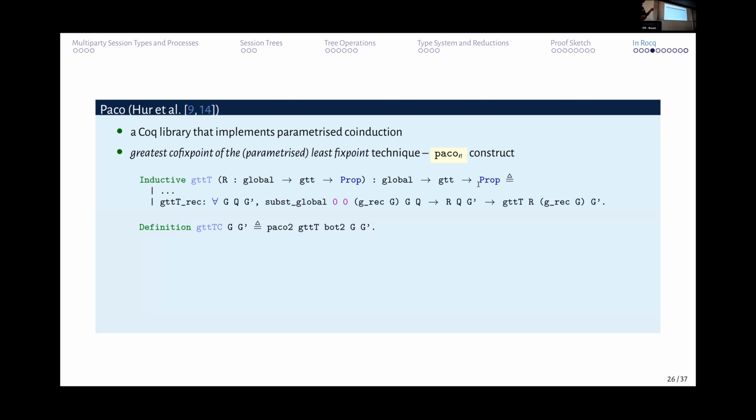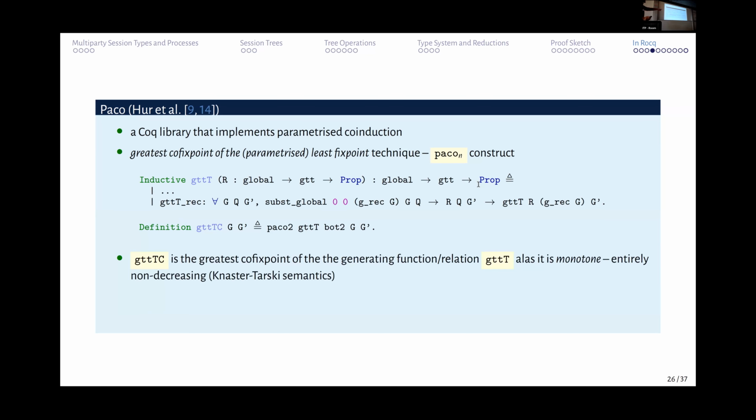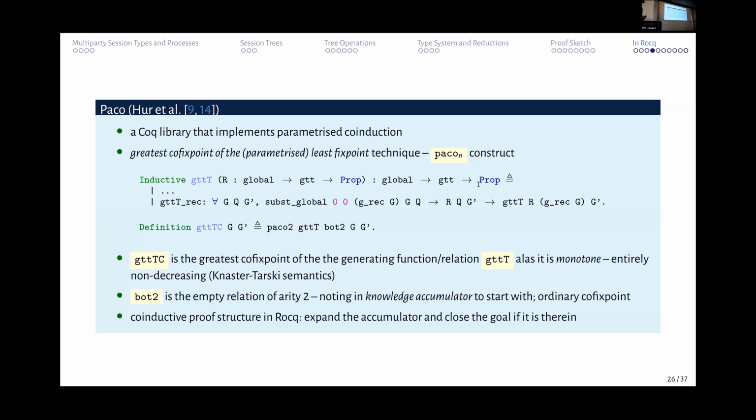And we use it exactly in the translations, essentially where we do the substitution. And then just terminology: bot2 means it starts with the empty relation, and GTTTC describes what the relation between the global type and global type tree is co-inductively.